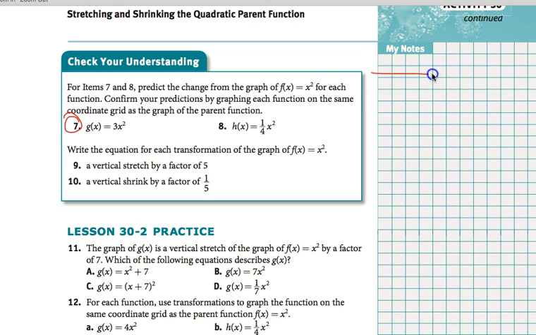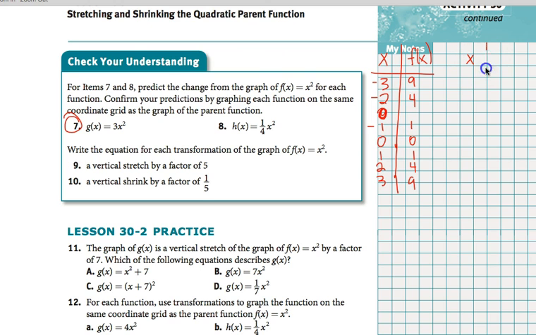So we know that our parent function, so x and f of x, if we do -3, -2, -1, 0, 1, 2, 3, this we know is 9, 4, 1, 0, 1, 4, 9. And again, I'm just writing that because we should about have that memorized by now.